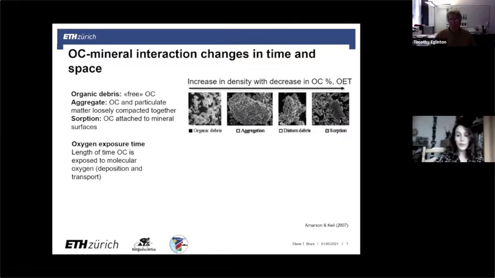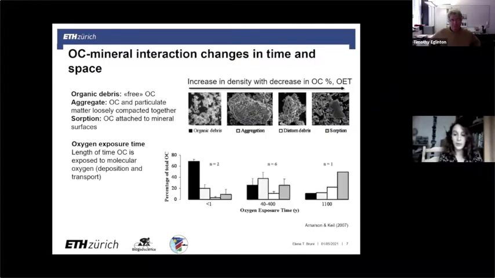An important factor on which one of these associations is present in the environment is oxygen exposure time. Oxygen exposure time has been shown to be of high importance to the quality and quantity of organic carbon, also shown by Arneson and Kyle, who published their paper in 2007.